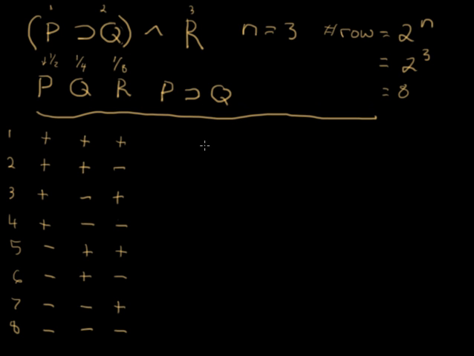If you remember our axiom for the implication operator, then you'll remember that the only way that the WFF is negative is if the first part is positive and the second part is negative.